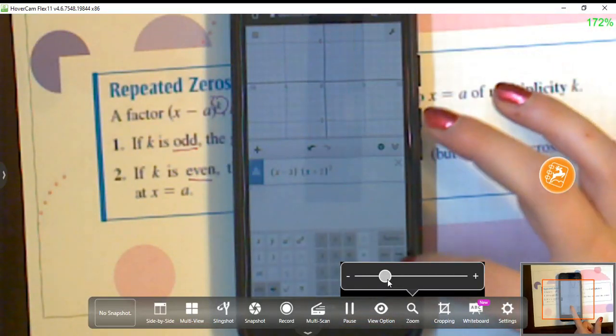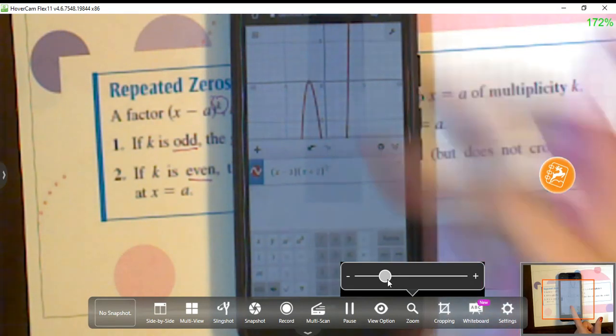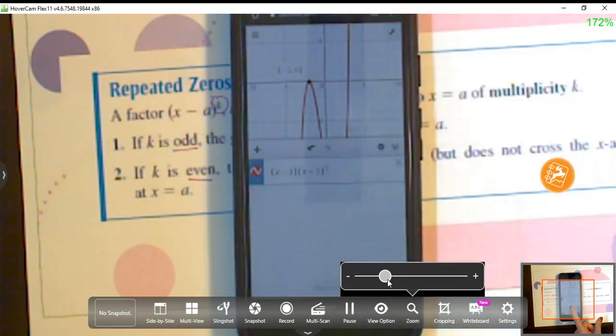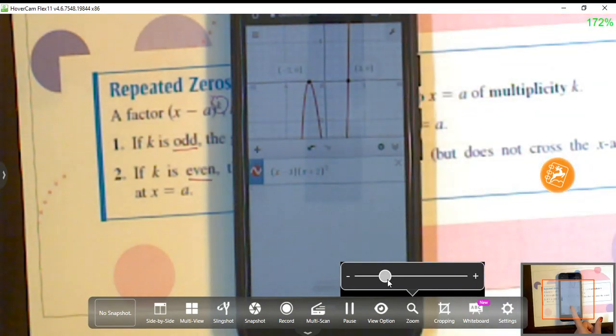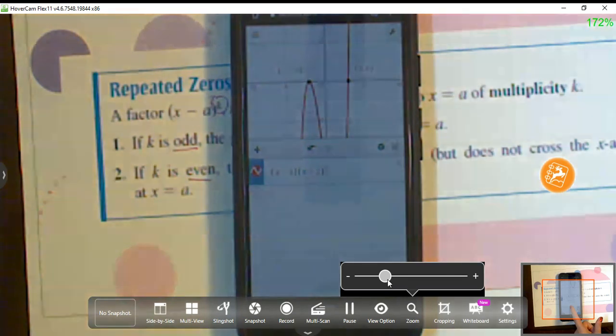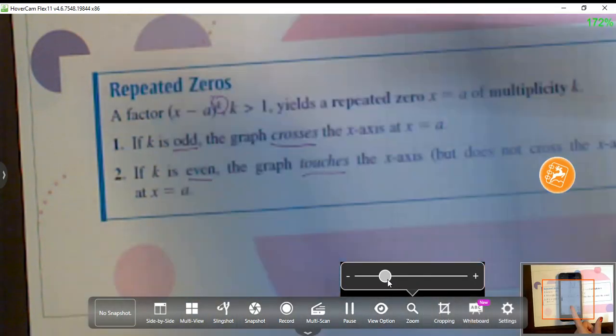So if I just delete that exponent, notice at -2, it still touches it and comes back down because it's still even. And then at 3, it still goes through it because even though I don't have an exponent, I have an understood exponent of 1, which is still an odd number.